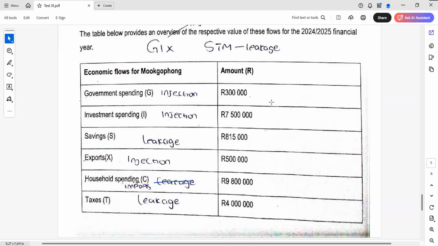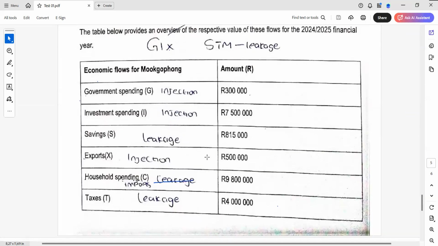I think the only thing that would be a problem here, which will affect you from getting the correct answer, is if you don't know what is a leakage and what is an injection. Now because you know, it would be easy if you get this question in the exam. Household spending is an injection because households are spending their money here, right? We just assume that they're spending their money within the economy, right?